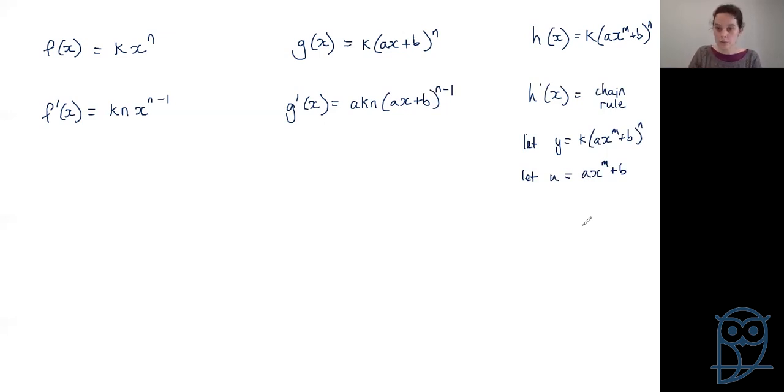That's our u. Then we would be able to differentiate different pieces, have all sorts of fun and games, and end up with dy by dx equals du by dx times dy by du. Bring everything back together.